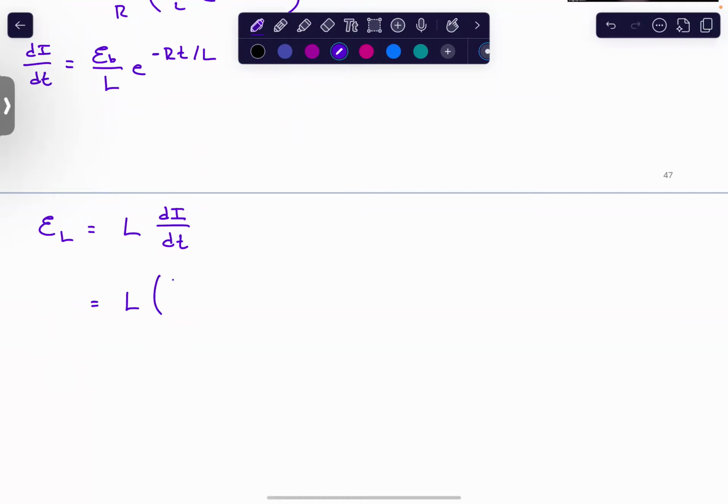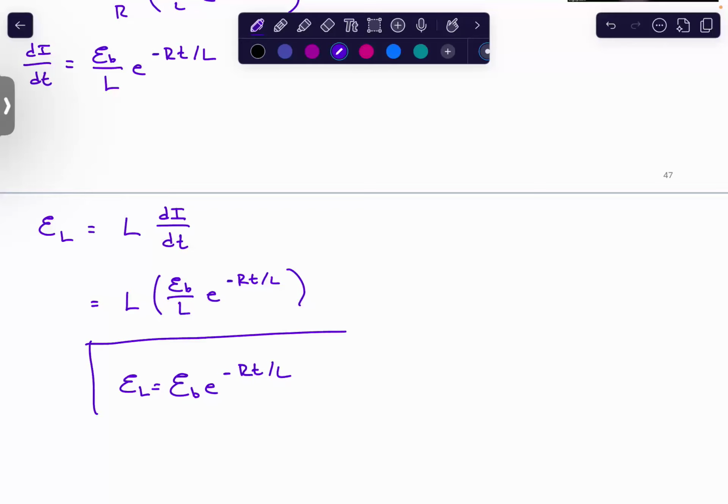It's going to be L times EMF of the battery over L, minus RT over L. So our EMF of our inductor, and there we go.